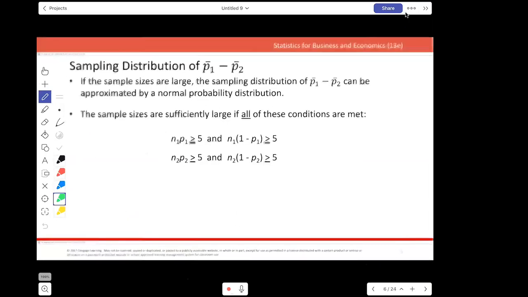And then we have our conditions that must be satisfied, as I've already mentioned: N1 P1 greater than or equal to 5, N1 times 1 minus P1 greater than or equal to 5, N2 P2, and then N2 times 1 minus P2. But we don't have population proportions, so we're going to have to use the sample values to achieve the same thing. We're going to test it out with sample values. All right? As long as they're satisfied, we're good to go.